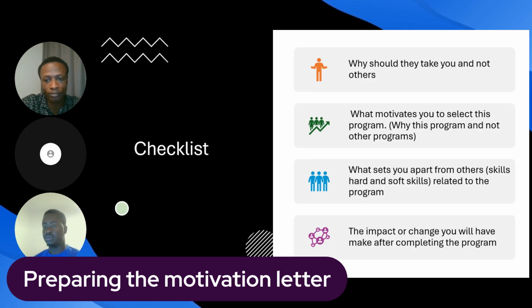When I say what inspires you, you shouldn't talk about things like, for example, coming from a poor background or having financial constraints. It should be about how that program solves issues, and what you find interesting about that program.